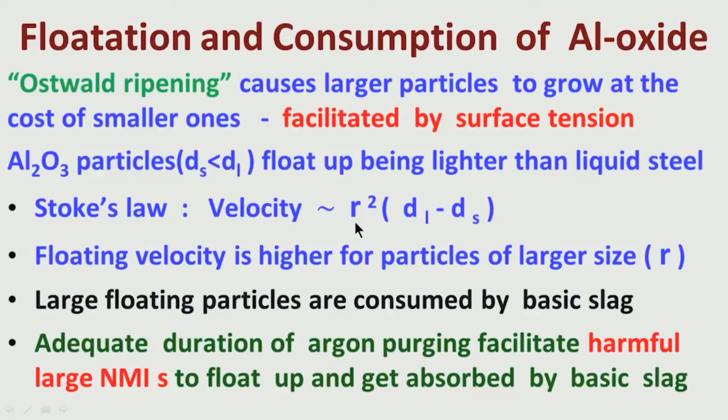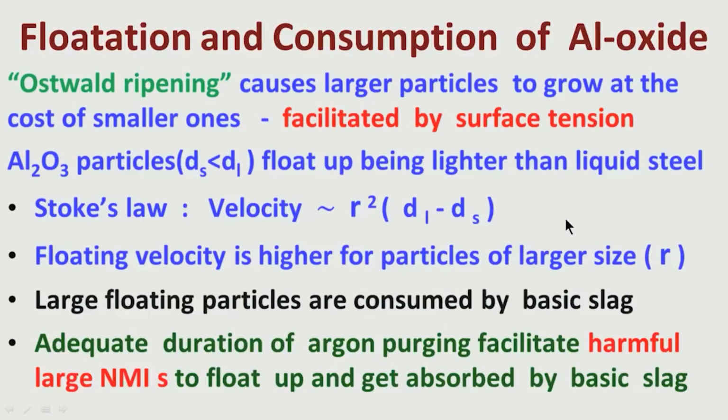R is the size of the particles, squared, and it also depends on the density difference between the liquid and the solid. That means, the lighter the particles, the velocity will be more, and the bigger the particles, because it depends on R square, the velocity will increase very much. That means the particles which are larger will have more velocity, that means they will float faster.